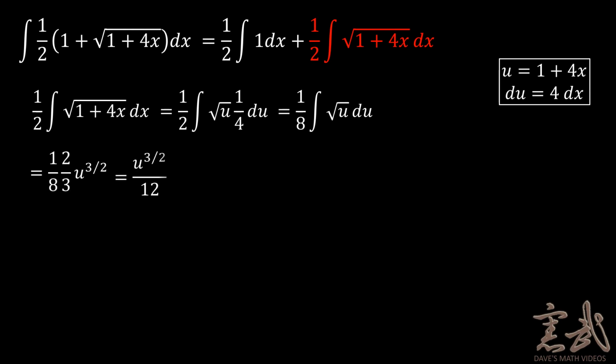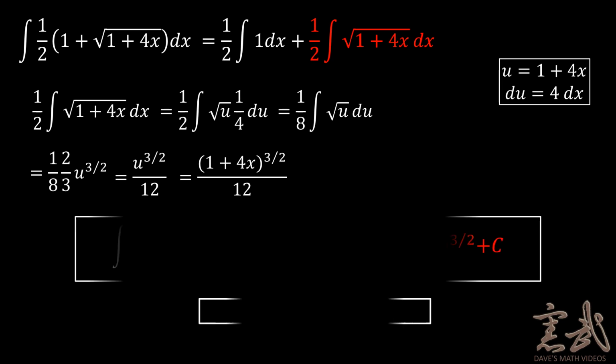And we can multiply this out, and we would finally get u to the 3/2 power over 12 as the integral for that red integral at the top of the screen. However, we have to now substitute back for u, and this gives us 1 plus 4x to the 3/2 power over 12.